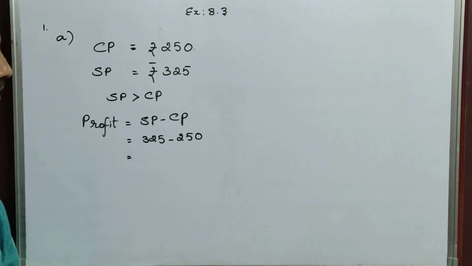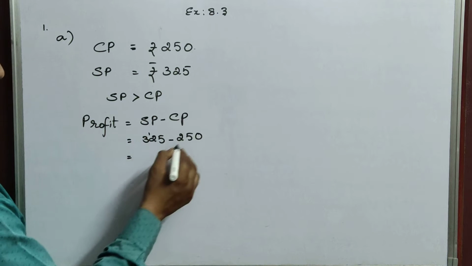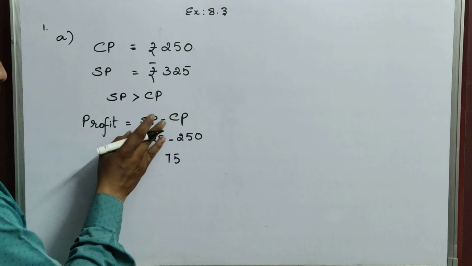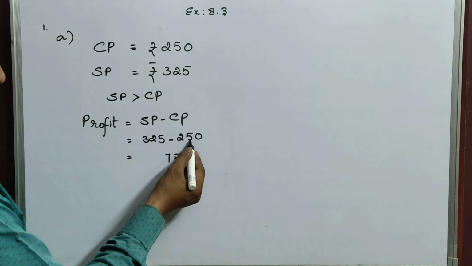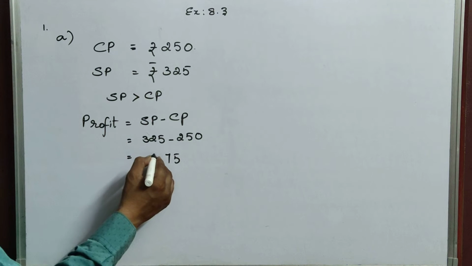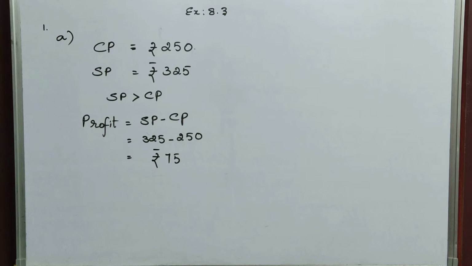So 5 minus 0, 5. 12 minus 5, 7, and 2 minus 2, 0. Cross check: 5 plus 0, 5, 7 plus 5, 12, 1 plus 2, 3. So 75 rupees is the profit.